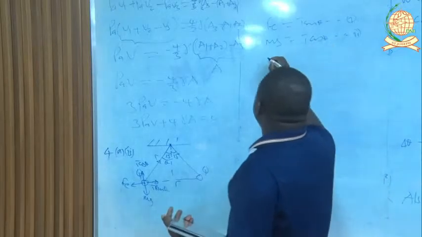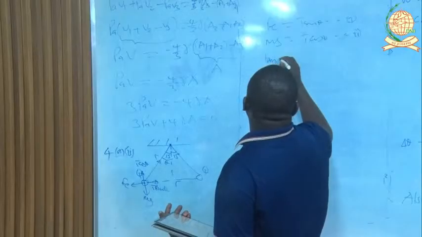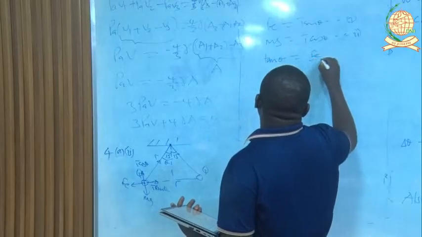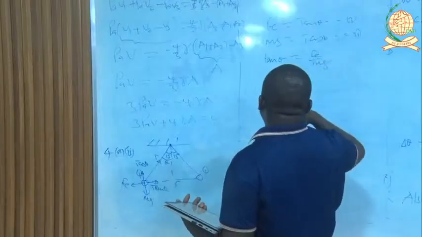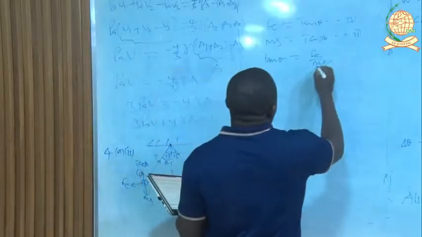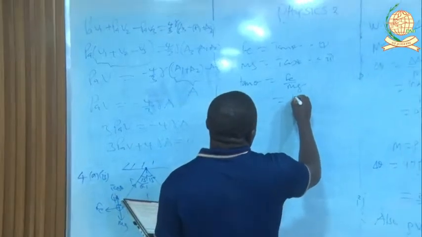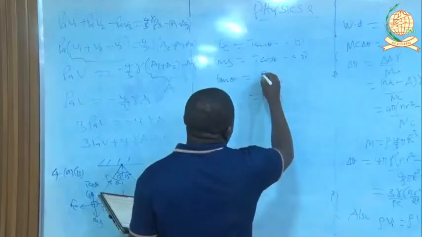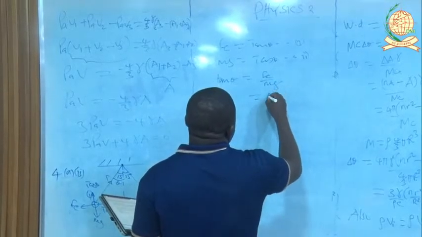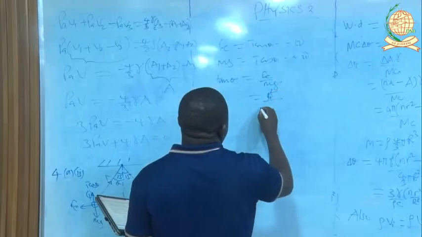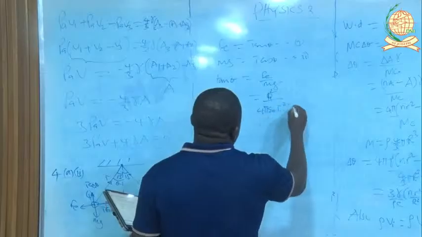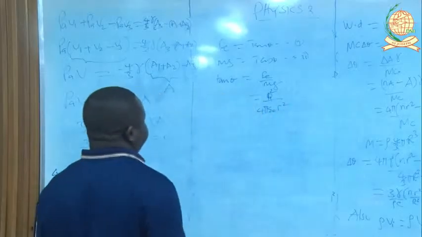If you divide these two equations, tan of theta will be equal to Fe over mg. Fe being electrostatic force, which is equal to the first charge Q1, Q2, but they are identical, therefore it's charge square over 4 pi epsilon r square.